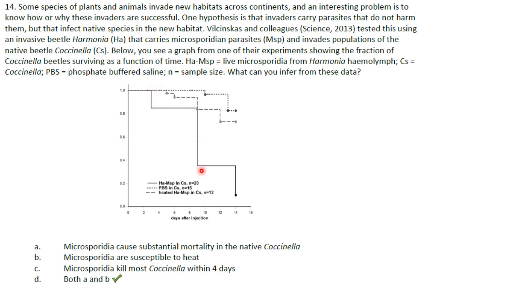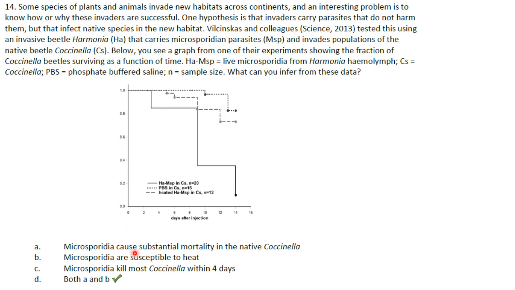This straight line graph is for Harmonia microsporidia from Harmonia hemolymph in Coccinella. This dotted line represents the PBS control in Coccinella, and this is for heated HAMSP in Coccinella.